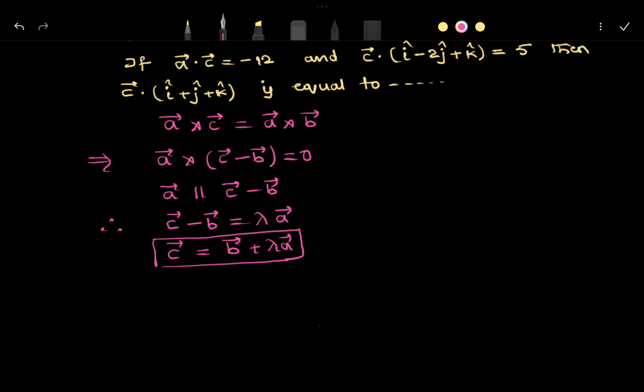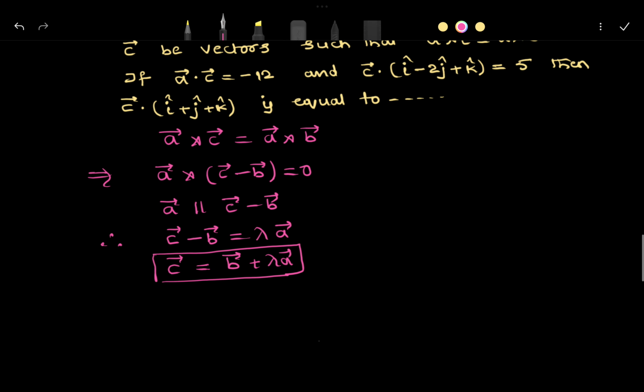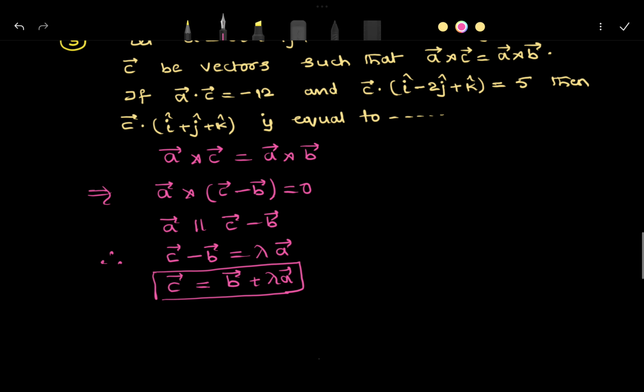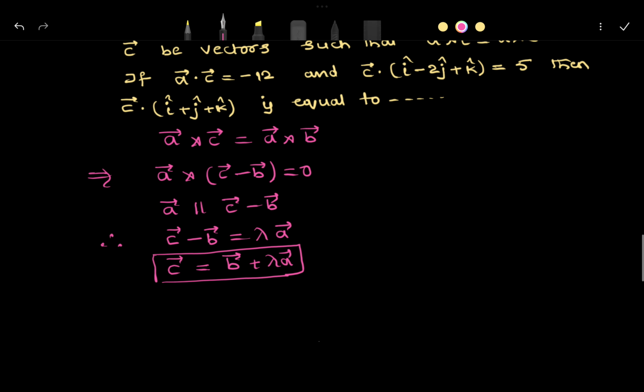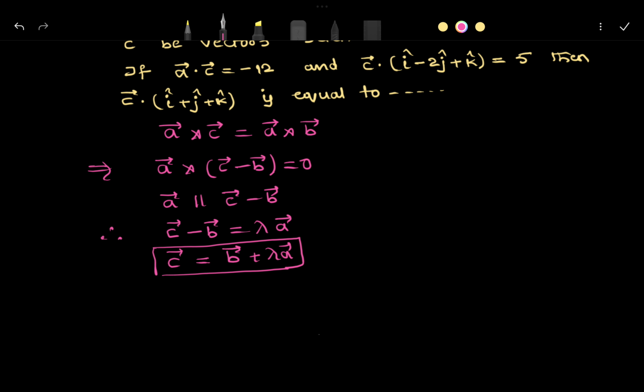Here, if you substitute all these values, C bar is equal to x i cap plus y j cap plus z k cap.